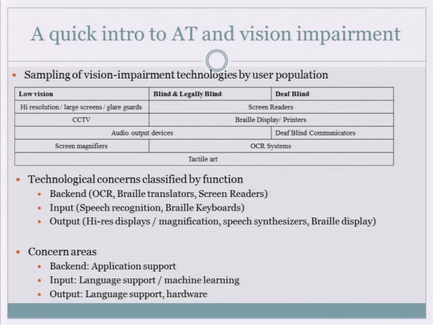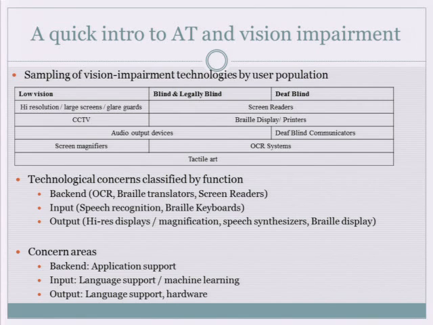And in the blind and deaf-blind categories, you have more use of tactile as well as audio-based technologies. So an example would be something like a Braille display, which is a series of cells which will give Braille characters and so on and so forth.